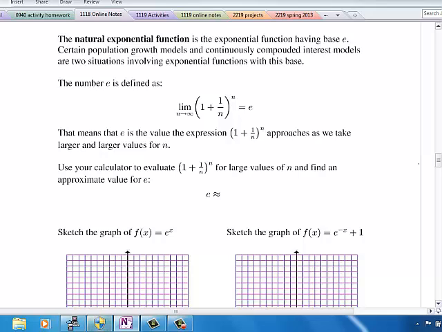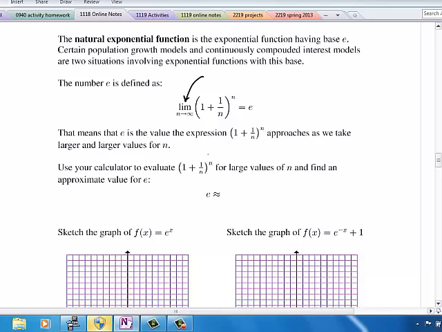So this is used as a base in what's called the natural logarithm, and you'll also just see it called the natural exponential function if e is the base in that exponential function. The way it's defined is the limit as n goes to infinity of this expression, 1 plus 1 over n, raised to the nth power.